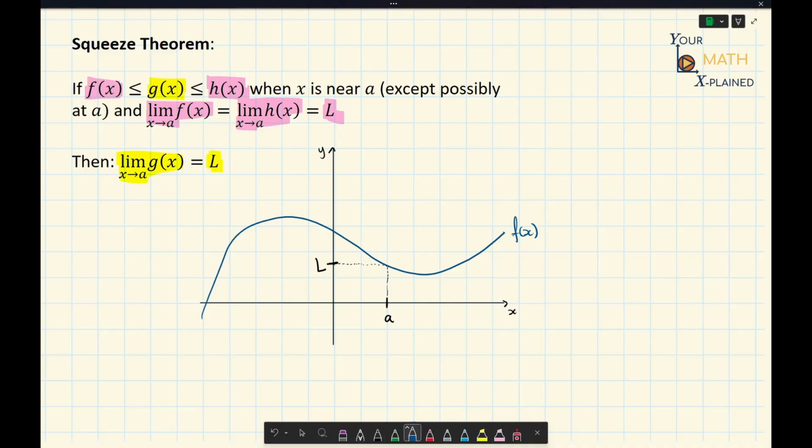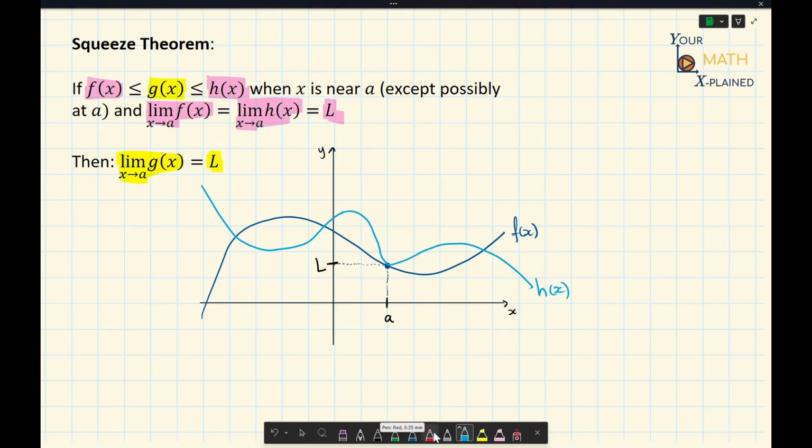So we're going to draw the curve h of x, and we don't care what it looks like anywhere else. The only thing is that it has to be right over here at x is equal to a. So let's say it looks something like this, and it just has to be at that point. And then let's say it goes down. So this is going to be our h of x.